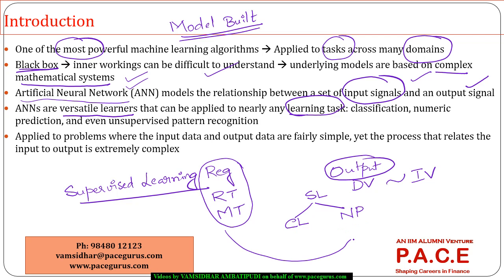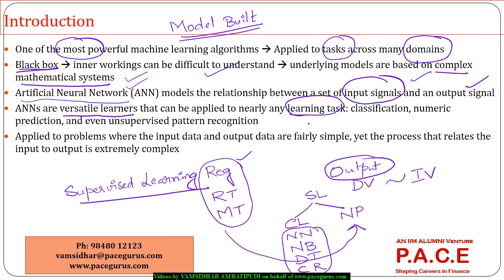Under numerical prediction, so far we have looked at regression trees, model trees, etc. Under classification, we talked about nearest neighbors, naive Bayes, and we also looked at decision trees and classification rules. These all come under the classification model. These all come under the numerical prediction model.